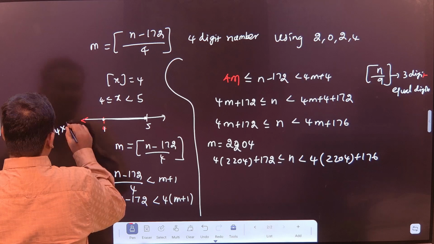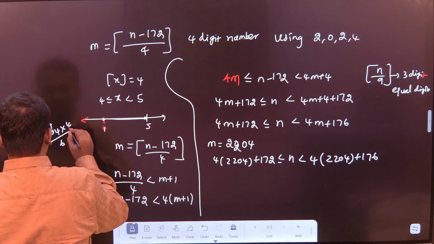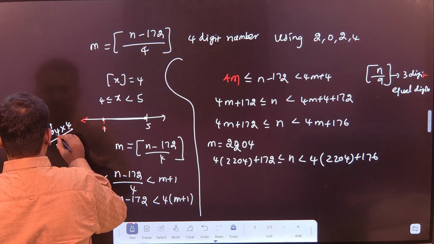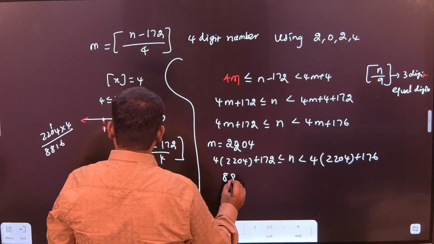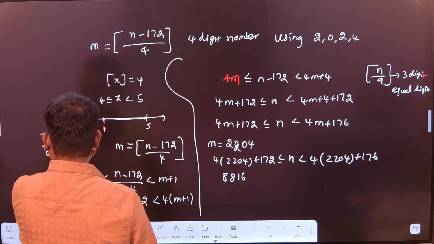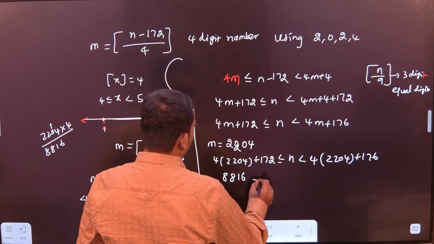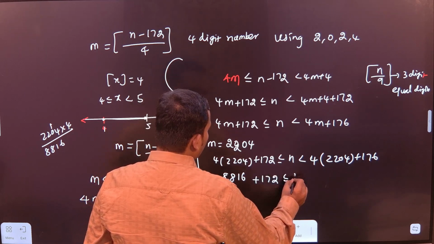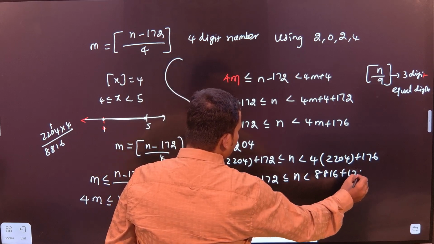2204 into 4, how much will it be? 8816, right? Correct? Yes. Plus 172 is less than n, less than 8816 plus 176.